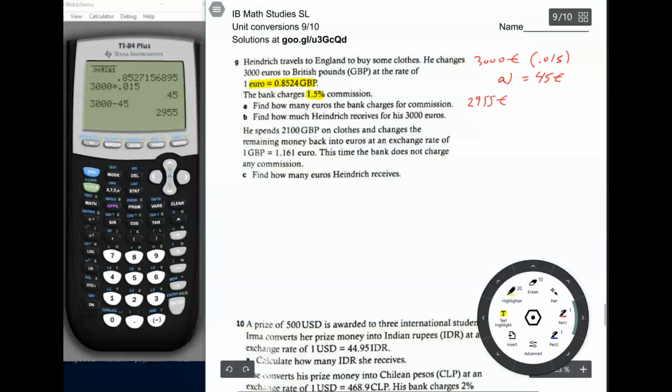Then we're going to convert that using the exchange rate. We have 1 euro in the denominator so that it cancels out, and in the numerator we have 0.8524 GBP.